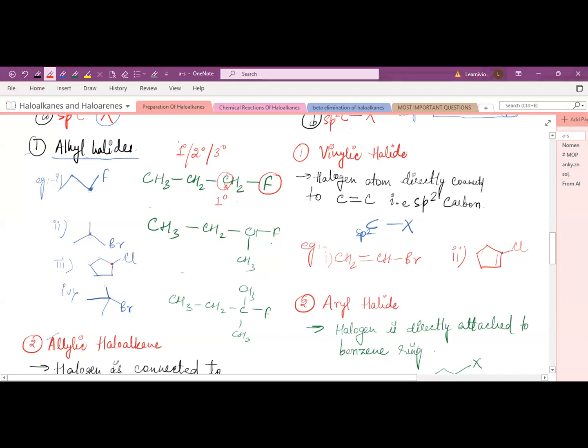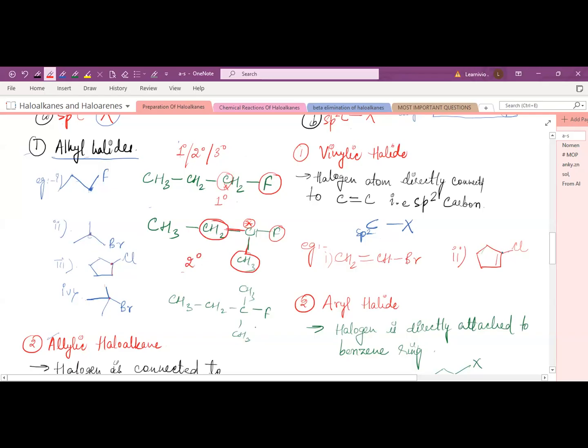Now see the second one. This fluorine is attached to this carbon, right? Now this carbon is attached to how many groups? Just check it. Obviously, two. You can see the bond: this is your one group, and this is your two group. So this is your secondary. Yeah, is it clear, Aisha?